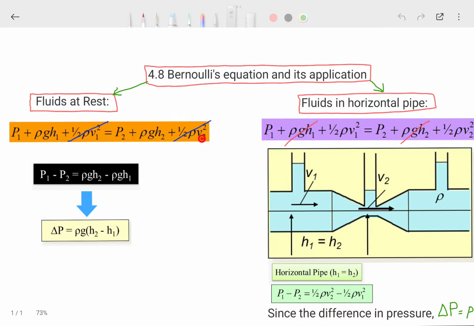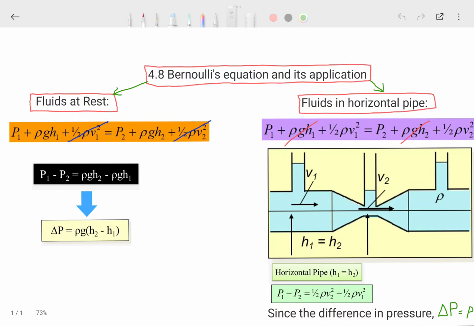In such cases, we can cancel those terms, so we obtain P1, pressure 1, minus pressure 2 equal to rho g H2 minus rho g H1. We can simplify this equation to become delta P, the change of pressure, equal to density times g gravity in bracket height 2 minus height 1.